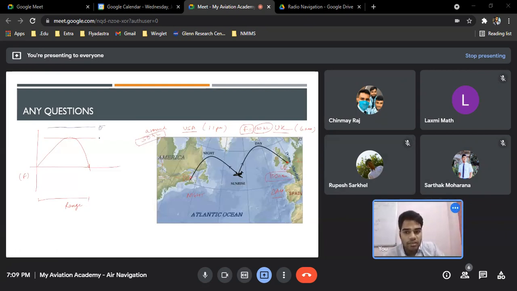So this is E layer, this is D layer. The same frequency goes here, then it reflects and comes back here. So my range has increased.